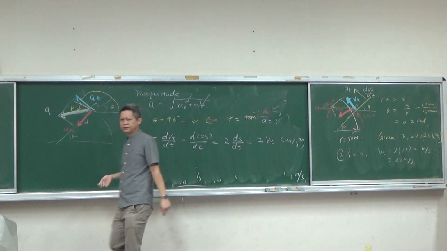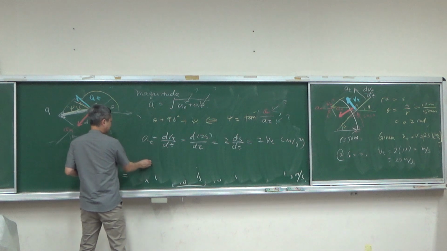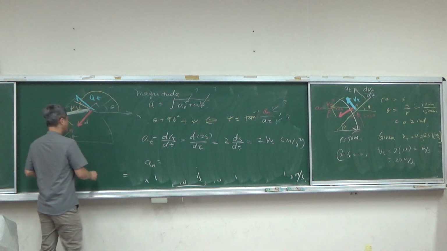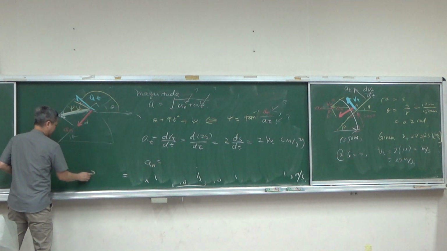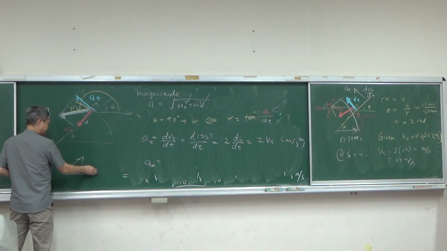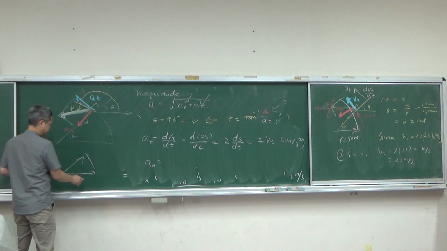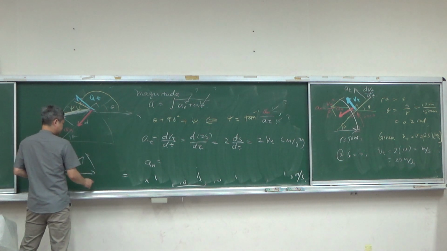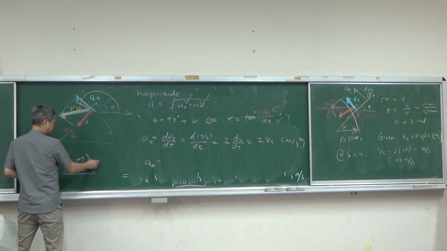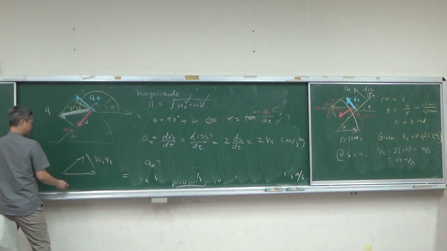So that's the information. And then next, how do you find your normal component? Do you remember the concept of the normal component? The normal component is induced by the change of direction. So this is the VT, AT direction.